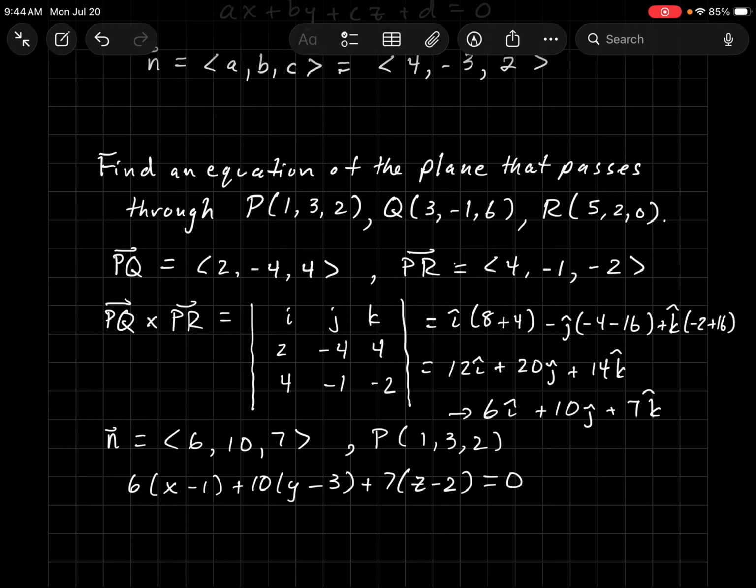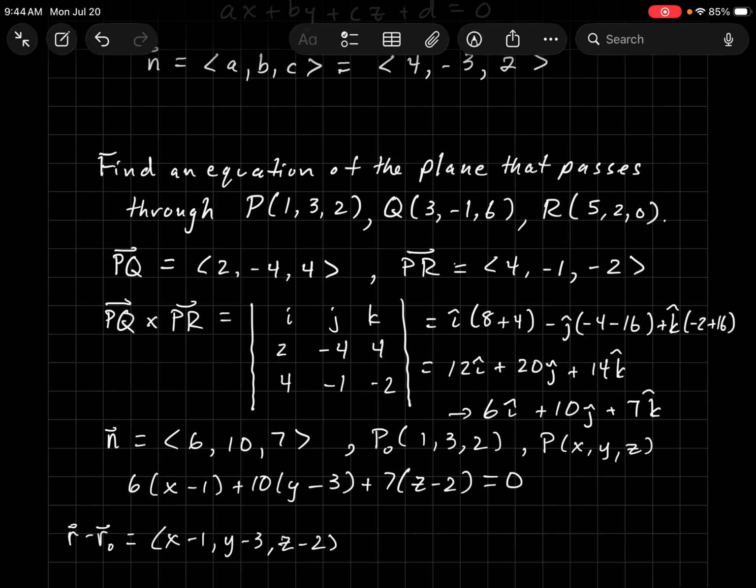Now, where do I get this from, just in case you're wondering? I'll call P, P naught, just for the sake of this part. And then our random point will be the point (x, y, z). And so we get the vector, what we call r minus r naught, is going to be the vector (x - 1, y - 3, z - 2).